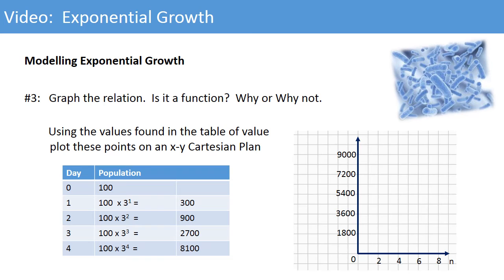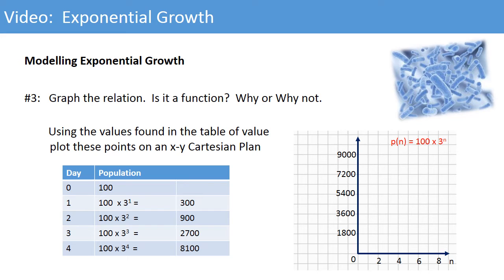So we will start by drawing on graph paper the x-axis and the y-axis. The x-axis will be 2, 4, 6, 8, and so on up to the value of n. And along the y-axis we'll go up by 900 to 1800, 3600, 5400, 2700, and 9000.